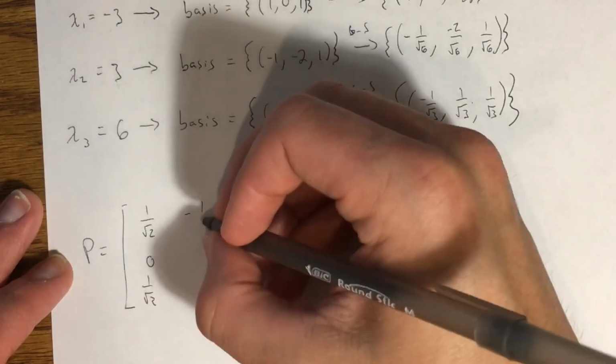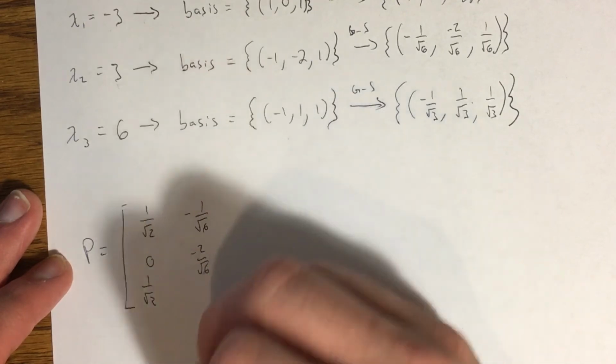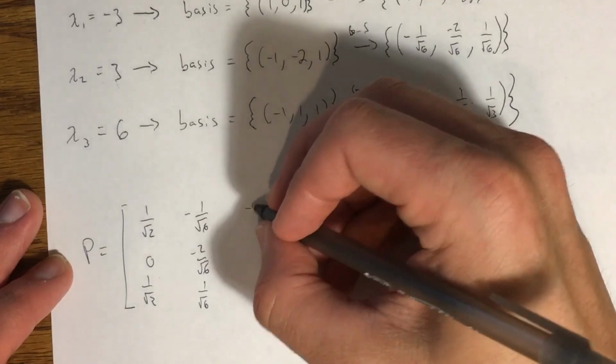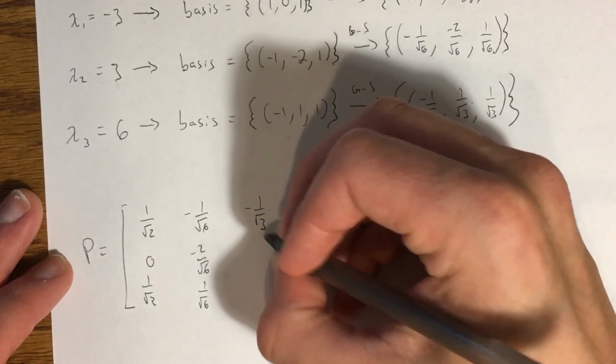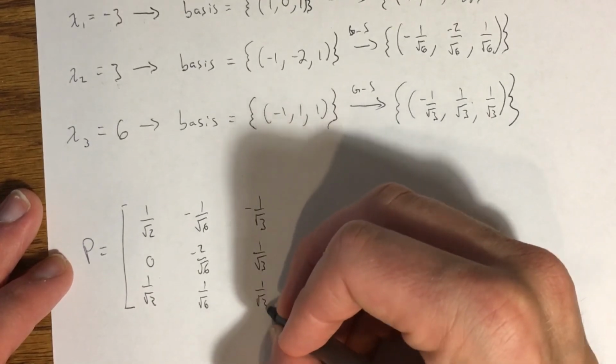Negative 1 over root 6, negative 2 over root 6, 1 over root 6. Negative 1 over root 3, 1 over root 3, 1 over root 3. And that's it.